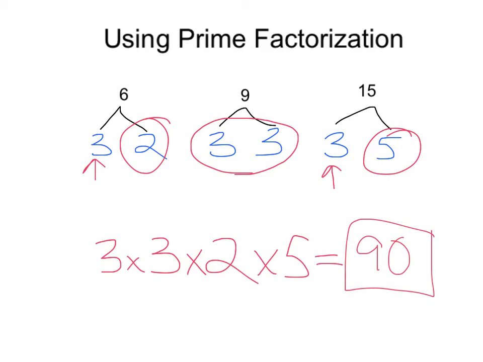Okay? Let's look at another one because that idea is kind of confusing. So if we wanted to look at, say, 8, 10, and 20, we would find the prime factorization for these 3 numbers to find their least common multiple.